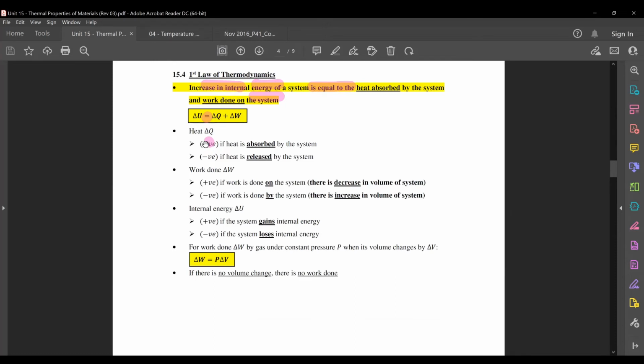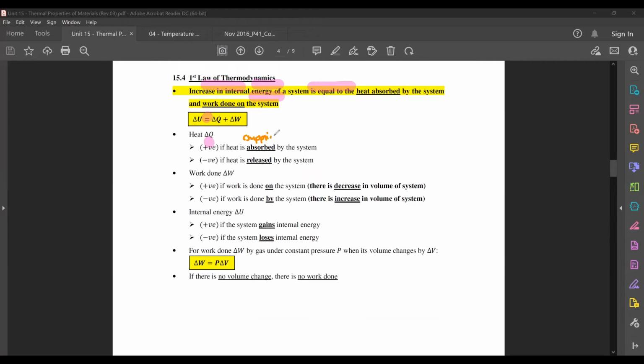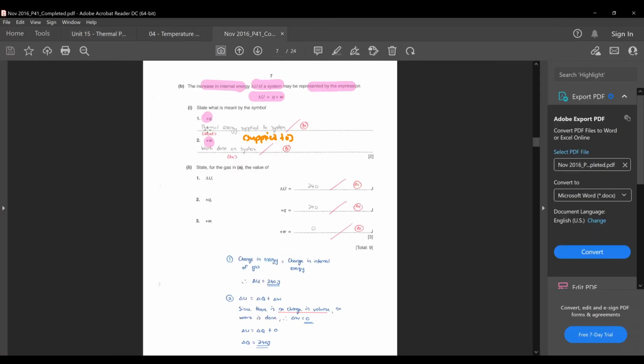Okay, heat is positive if heat is supplied or absorbed by system. Okay, so I think you can actually just say this also. If it's absorbed, it's actually supplied to system. Okay, it means the same thing. Heat supplied to system or heat absorbed to system. So positive Q is heat energy supplied to system or heat energy absorbed by system.